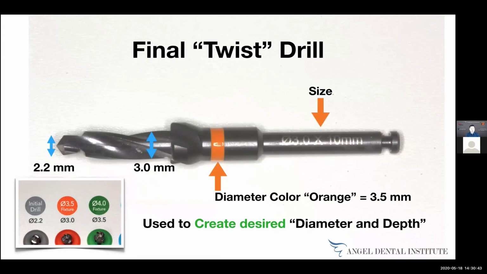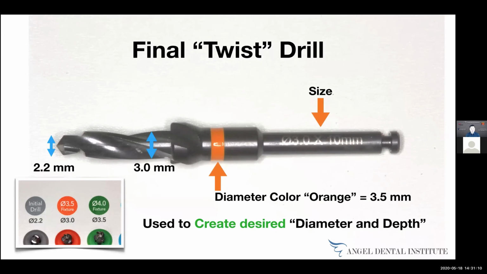So if you look at the picture on the bottom left corner, you could see the orange, it correlates to 3.5 millimeter diameter. But look at the diameter of the cutting surface. It's 3 millimeter. So there's a difference between the osteotomy, the hole that you're creating, which is 3 millimeter, but the implant you're putting is 0.5 millimeters wider.